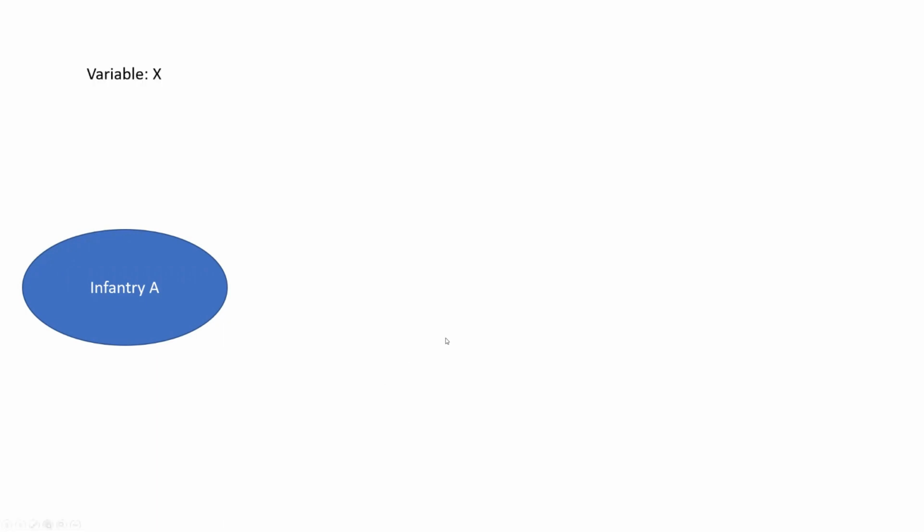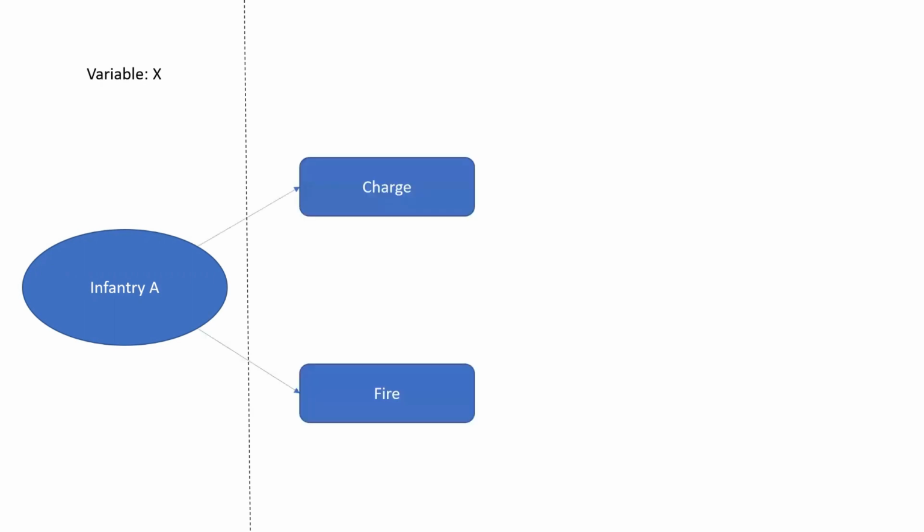We have different parts to our problem, so let's review them formally. We have an infantry unit that has to decide what action to adopt. The unit represents what is formally called a variable, and we denote it X. The mentioned action the infantry has to adopt must belong to a viable set of actions.